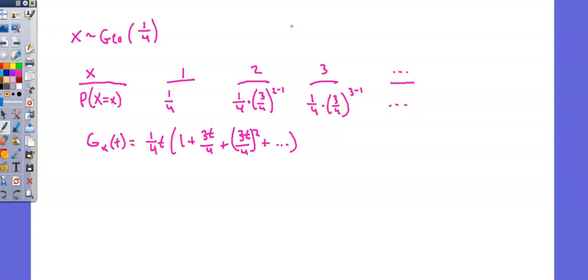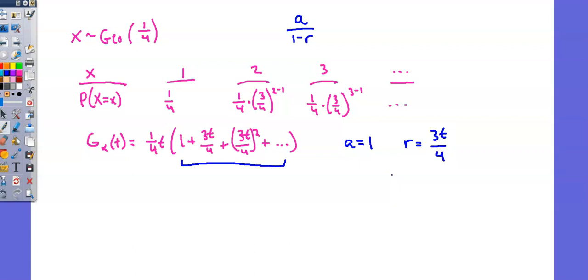And here I might be required to present the probability generating function in the form of a over 1 minus r, which represents an infinite geometric series. Looking at the probability generating function as I've written it, I should recognize that the infinite series component, which is in the brackets, has a first term of 1 and a ratio of 3t over 4.